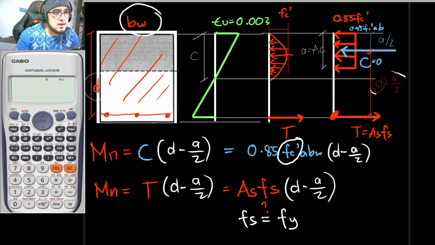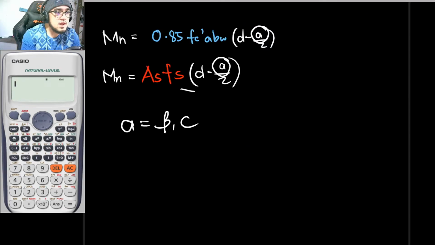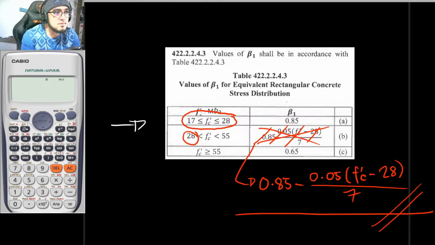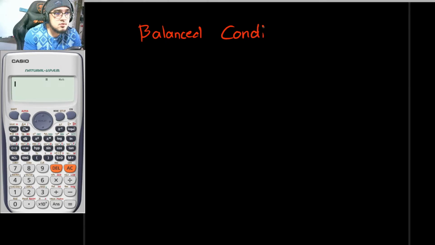So here in the analysis of reinforced concrete, there is a thing which we call balanced condition. When we say balanced condition, this is the condition wherein your Fs is exactly equal to Fy.